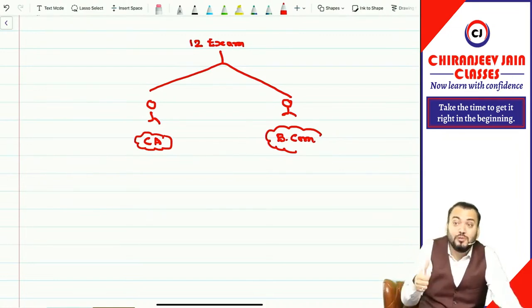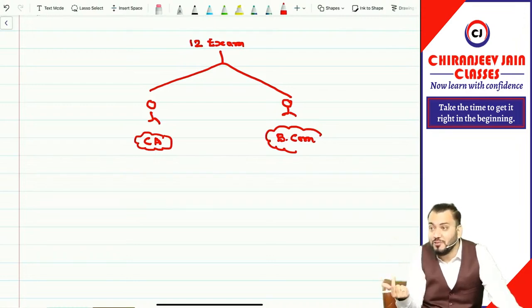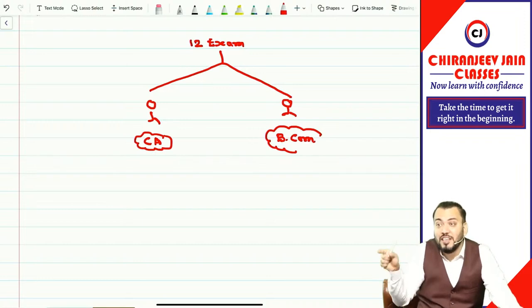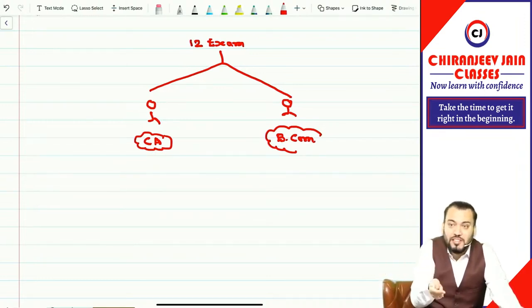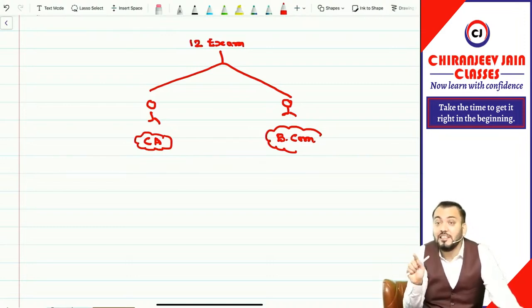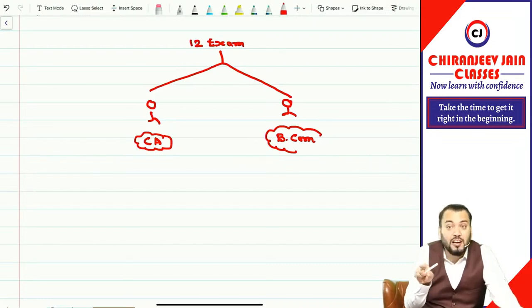So on that day you don't know the outcome. Can you say it is dependent on the happening or non-happening of an uncertain future event? Whether you write the CA Foundation exam or not is uncertain right now. Even though you have registered, many students do not write the exam. It depends upon an uncertain future event, which is not within your control. It is not in your hand. You can't control that event.